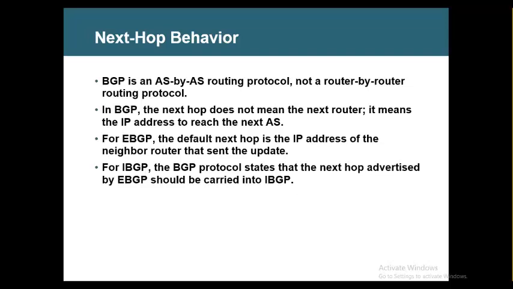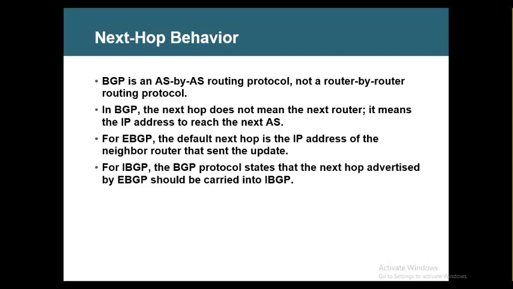The address that we use to identify the next autonomous system is what is going to be the next hop. The reason is BGP is an autonomous system by autonomous system routing protocol, not router by router.